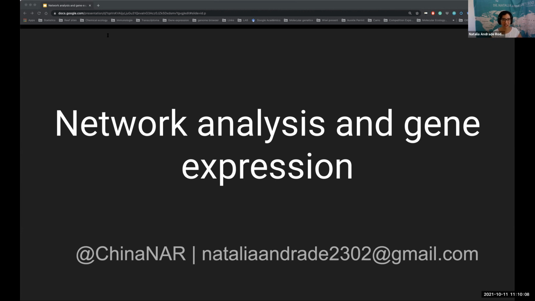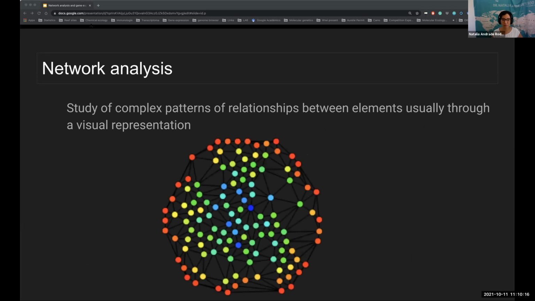So anyway, as I told you before, I'm just going to go through a little bit of what network analysis is. If you try to find a definition of network analysis, it's very relative. Nobody gives you a straight definition. Basically it's the analysis of a graph.